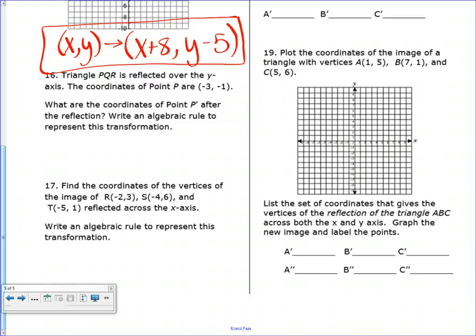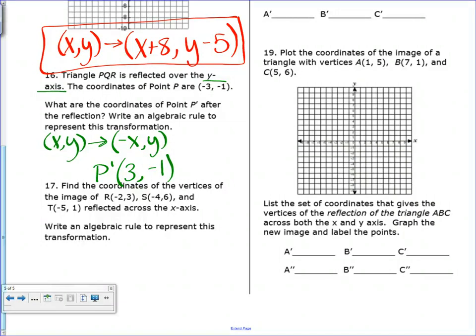So if we're reflecting over the y-axis, my algebraic rule for that, we're going to reflect across the y-axis, so my x's are going to become the opposite of what they are, so (-x, y). So if point P is at -3, -1, P prime, the opposite of -3 is a +3, and then my y-coordinate just stays the same. So P prime would be 3, -1.